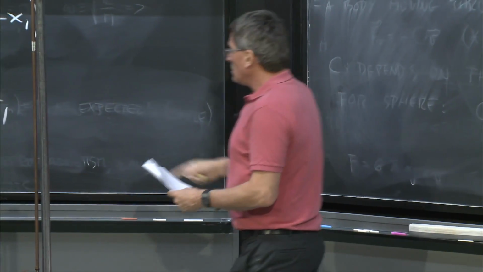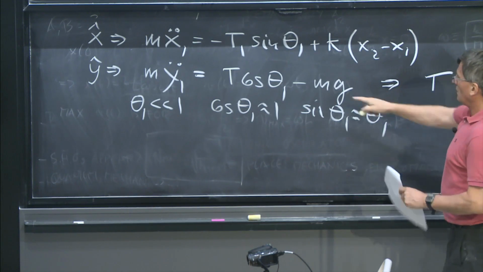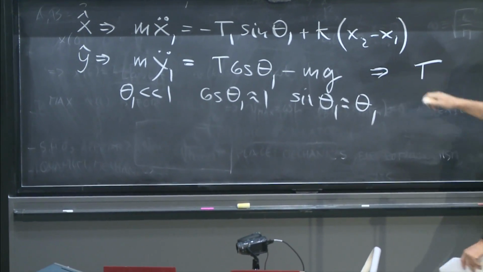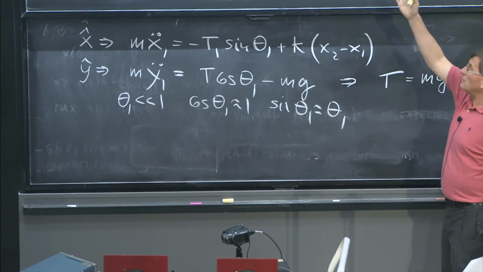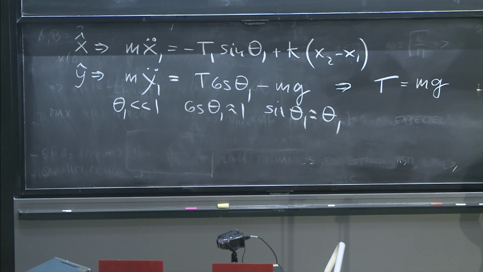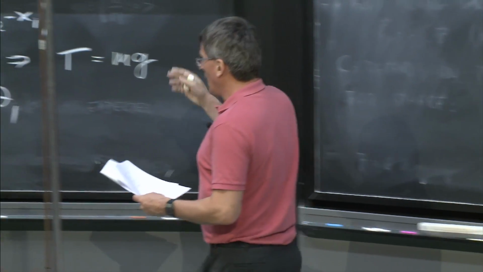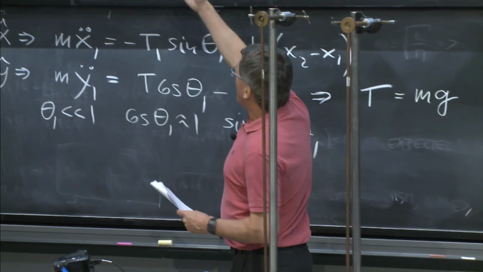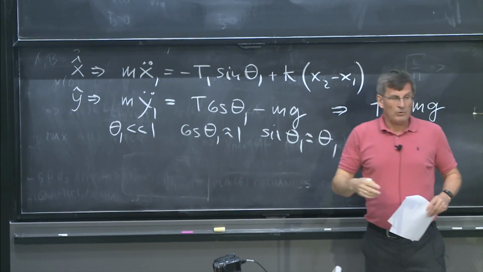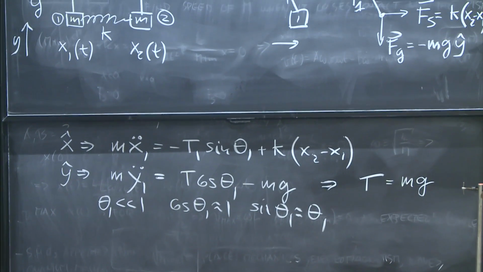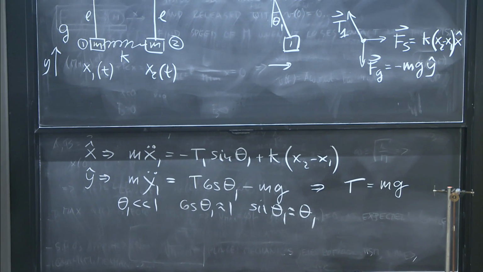All right? So there is no motion in y1, so we can conclude that cosine theta 1 is approximately equal to 1, and T is simply equal to mg. So the tension can be assumed to be mg. We don't have to worry about it. And then the angle can be converted into position by realizing that the length times the angle is equal to displacement, the usual geometry.